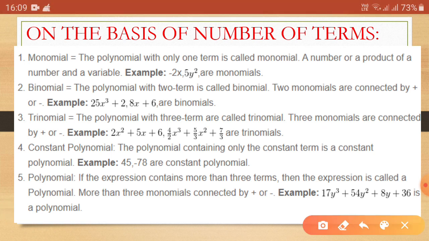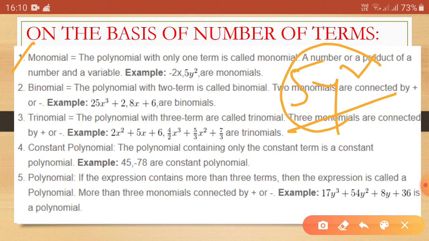Now on the basis of number of terms, we can divide the polynomial into 5 categories. Number 1 is monomial. Okay, if I take the example for monomial, that is 5y square. Why? Because it has only one term. And it is the product of a number and a variable.